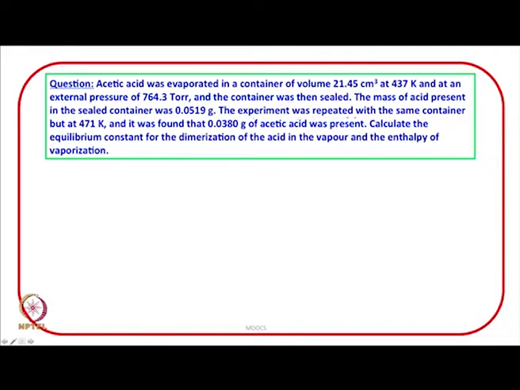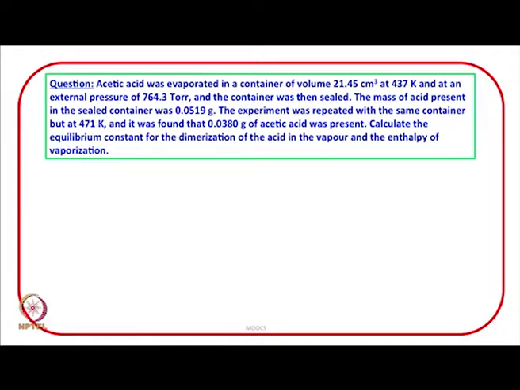The experiment was repeated with the same container but at 471 Kelvin, and it was found that 0.0380 gram of acetic acid was present. Calculate the equilibrium constant for the dimerization of the acid in the vapor and the enthalpy of vaporization.